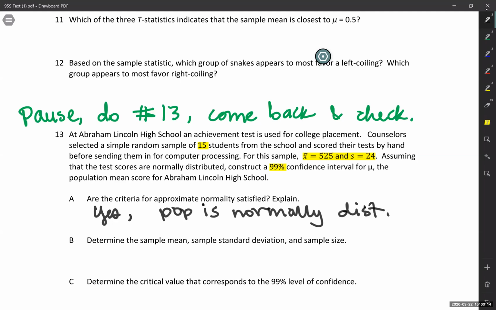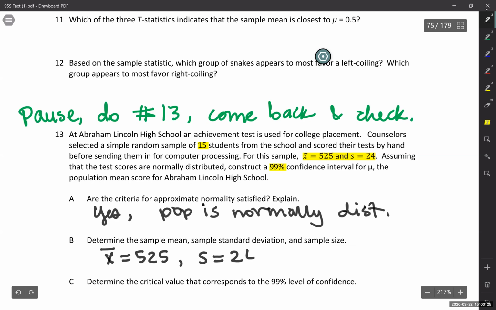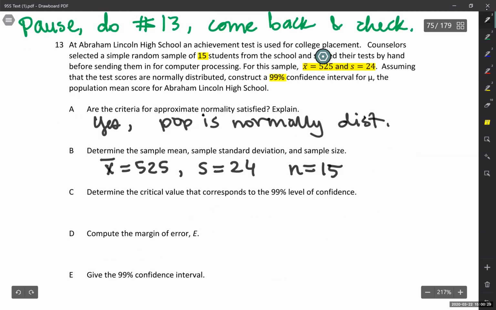Okay, determine the sample mean, standard deviation, and sample size. Well, this is a lot quicker than last time because they give it to us in the problem. They didn't give us a table to calculate ourselves. So we're given those numbers right there. Determine the critical value that corresponds to the 99% level of confidence.